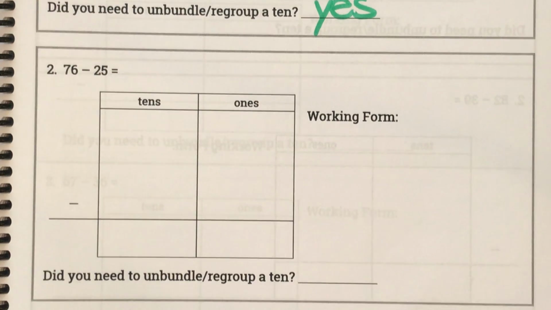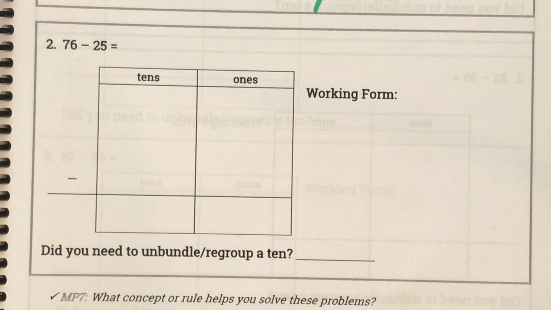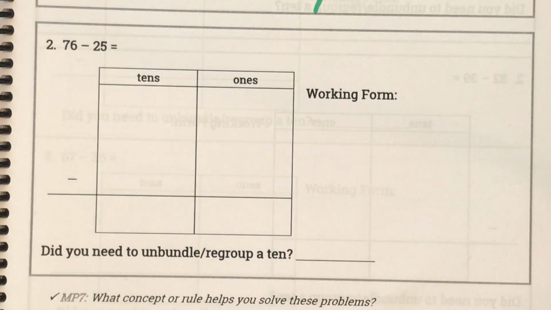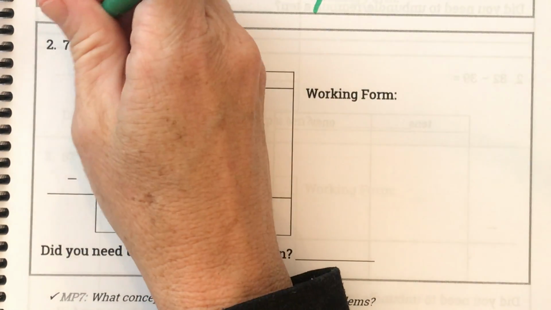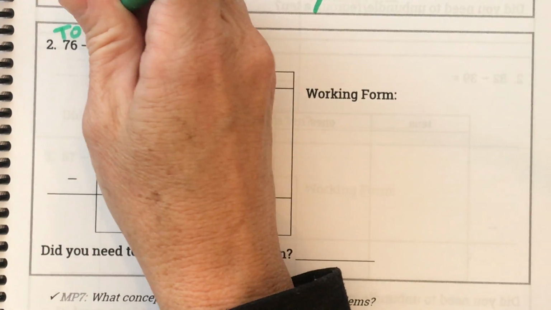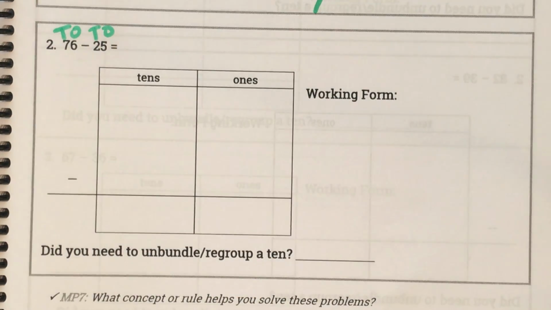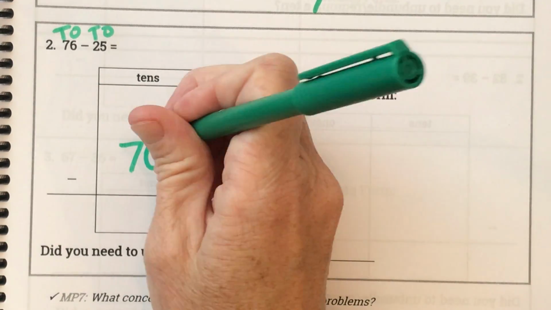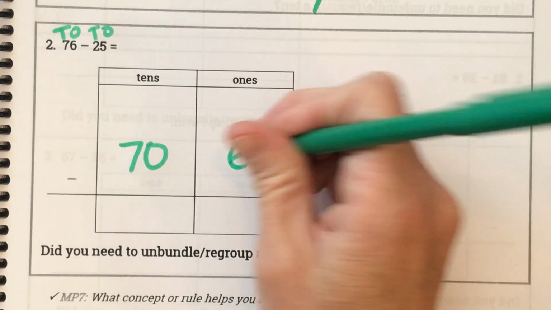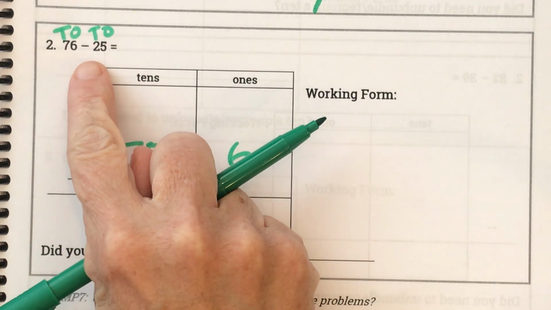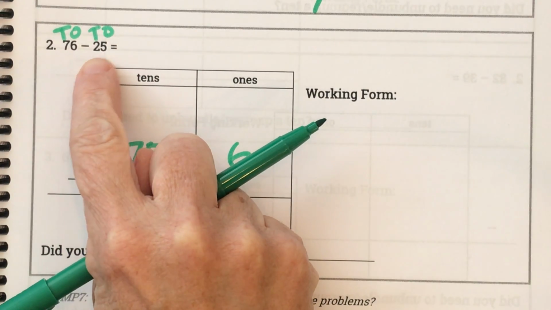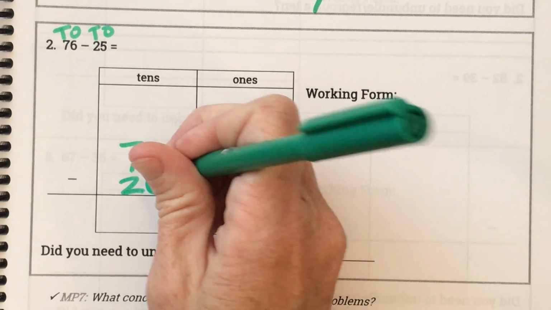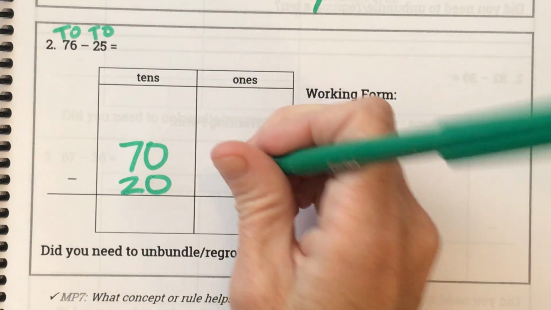Okay, let's look at one last one together, boys and girls. Okay. This time our minuend is 76 and our subtrahend is 25. Let's put our place values, ones, tens. Okay, so 76. 7 tens is 70 and 6 ones is 6. Subtract 25. 2 tens is 20 and 5 ones is 5.